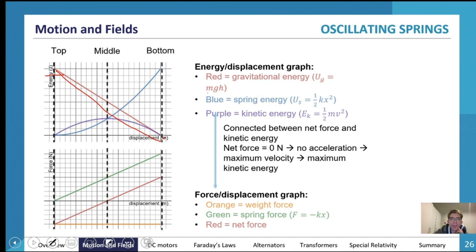Because obviously, the formula is linear. Then in blue, we notice the spring potential energy, which increases exponentially. The reason for that is because the spring potential energy is exponential.